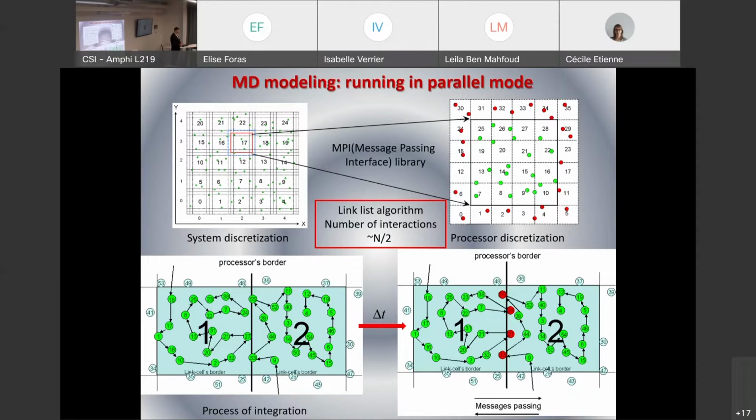Applying an advanced linked list algorithm for composing the list of neighbor interactions, the so-called neighbor list, we reduce the number of operations to N over 2, where N is the number of particles in the system.